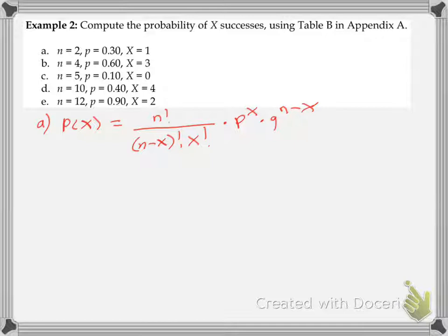So let's see. For P of x, n is 2, and x is 1.